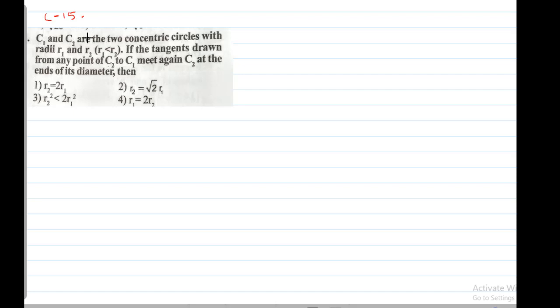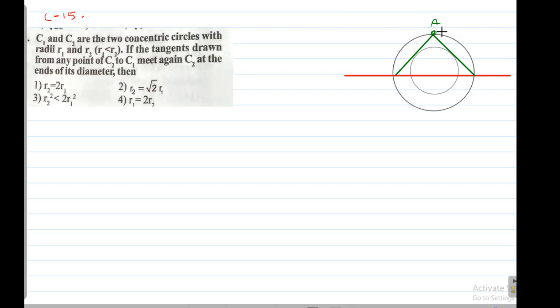Okay students, this is our C15, the 15th problem. C1 and C2 are two concentric circles with radii R1 and R2, provided R2 is greater than R1. If the tangent is drawn from any point of C2 to C1, so this is any point on C2, say A. Through A, tangents are drawn to the smaller circle.